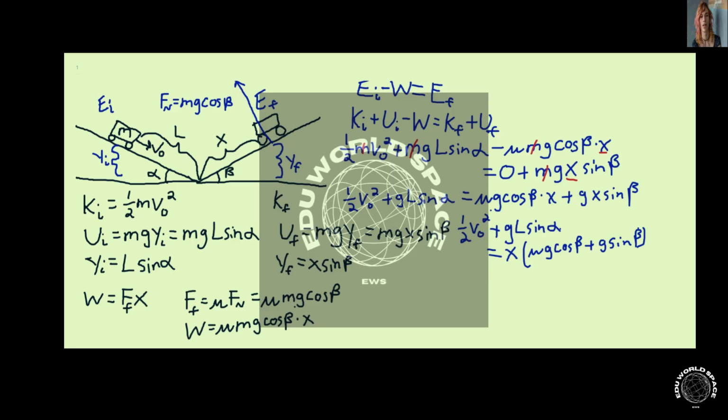Now I just divide out the expression and I've solved for x. That will give us the final answer for the distance x that the truck goes up the ramp.